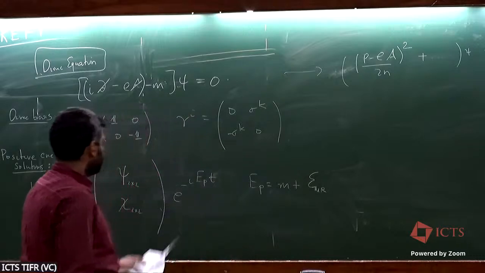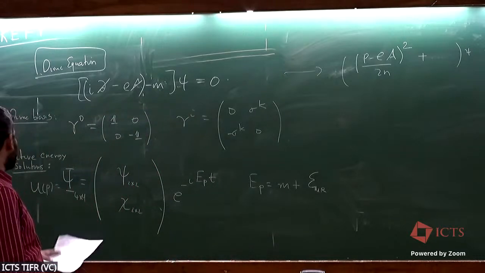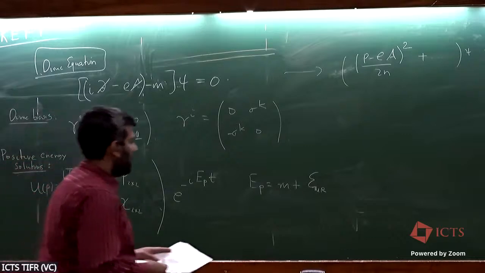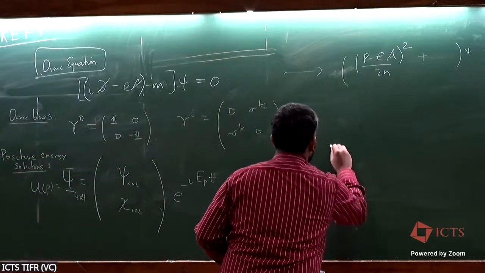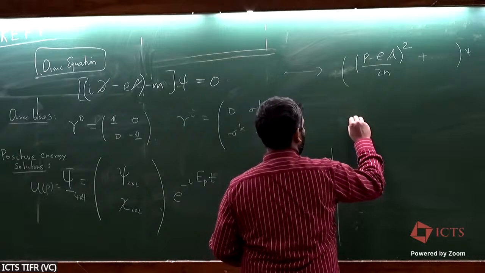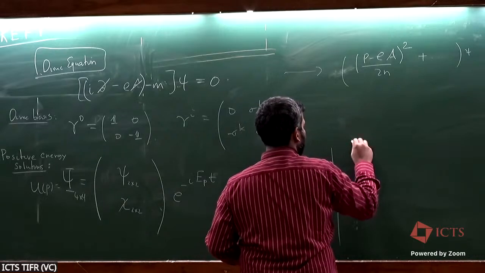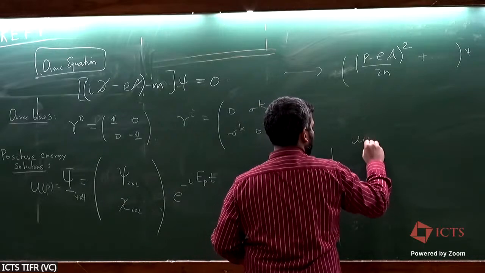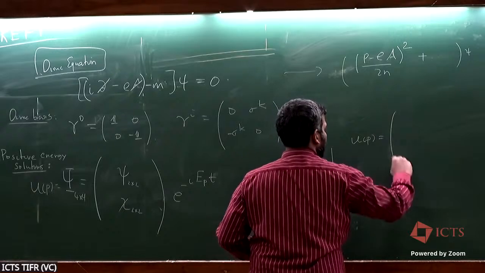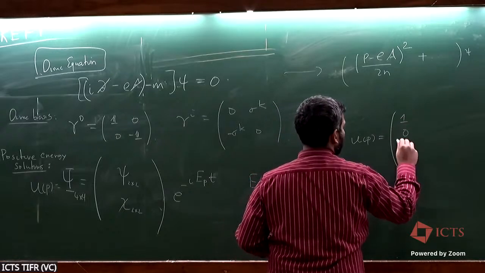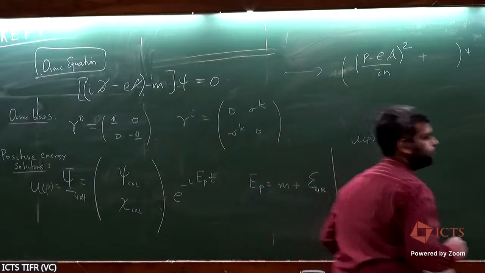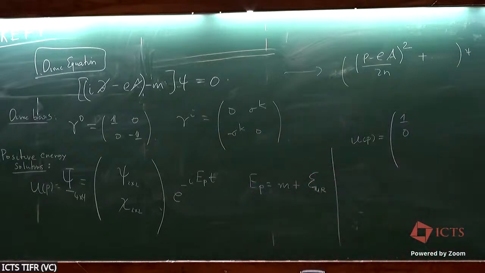And the thing is, for such positive energy solutions, one of the Dirac spinors is something like 1, 0.